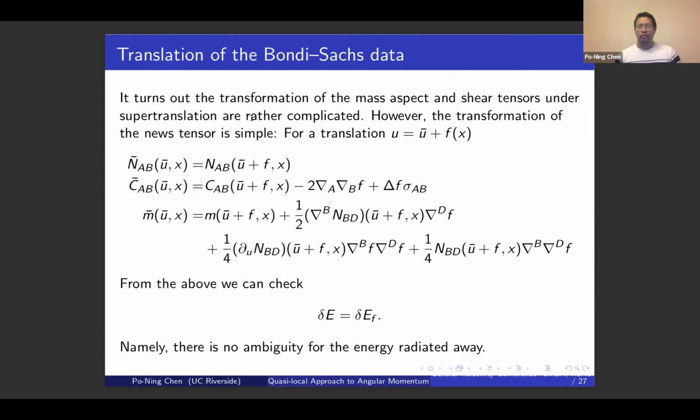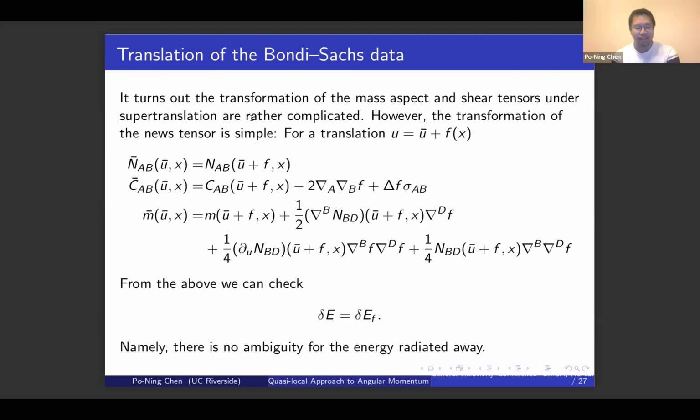Now for a supertranslation u bar equals u plus f, on one side I have a Bondi coordinate (u, r, x^A). After the translation, I have another Bondi coordinate (u bar, r bar, x^A). How do the fundamental data, the news, the shear, the mass aspect, and also the angular momentum aspect, transform under such a coordinate change?